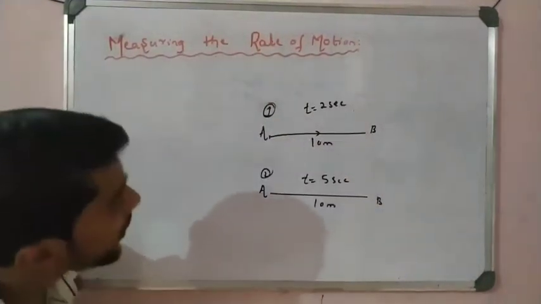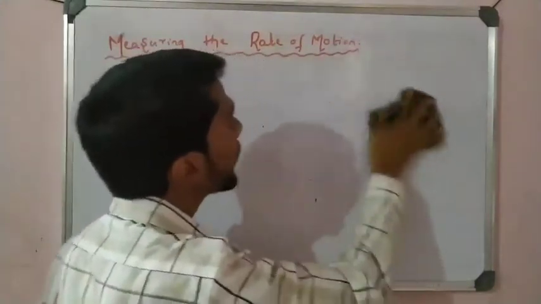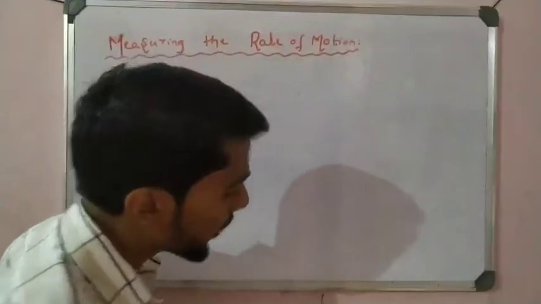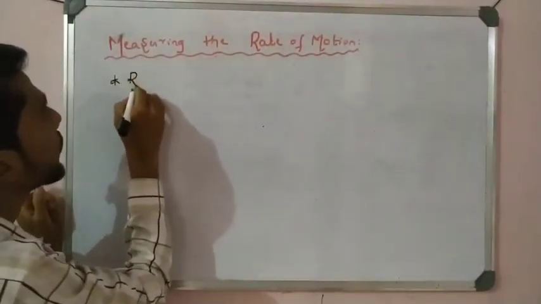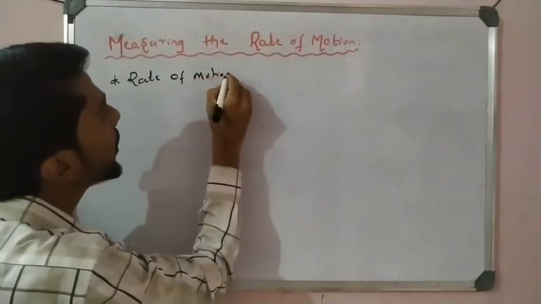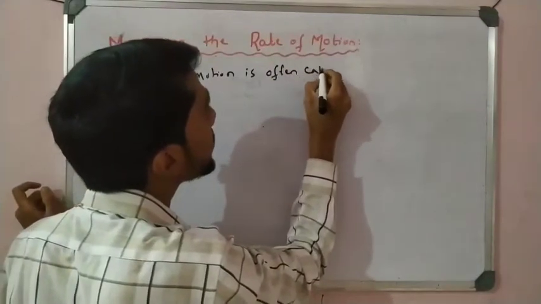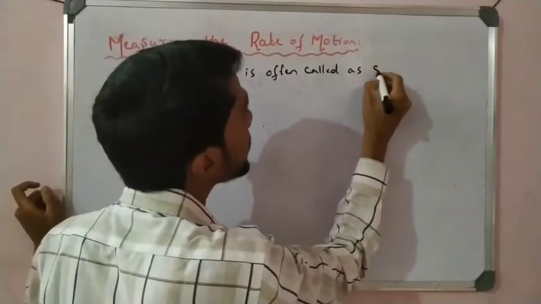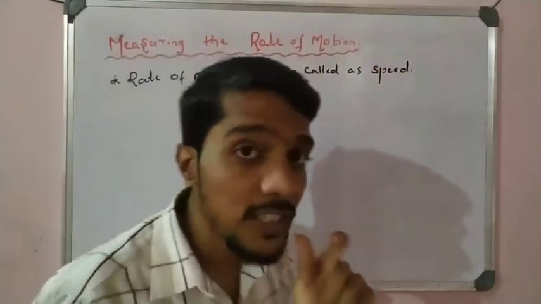The rate of motion is often called speed. Now let us define speed here.